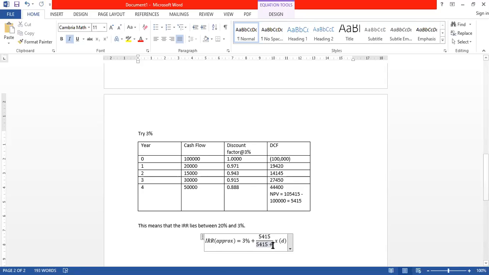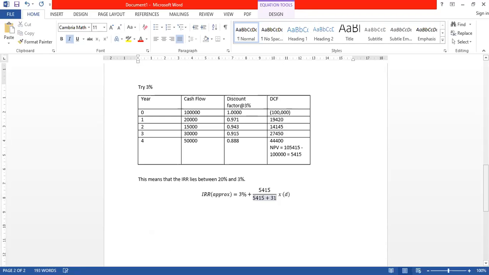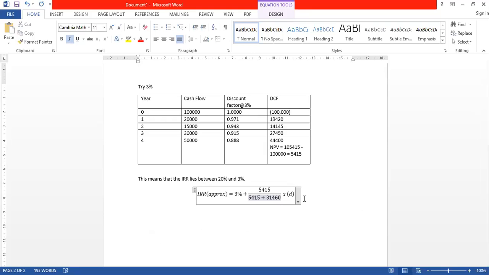That is 31,460. Then the difference here will be 20 minus 3.